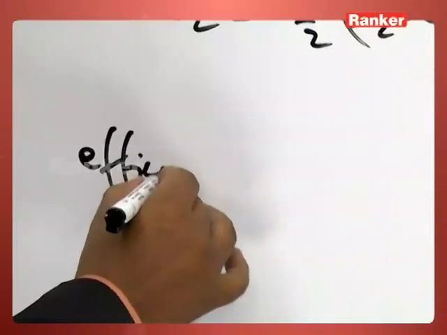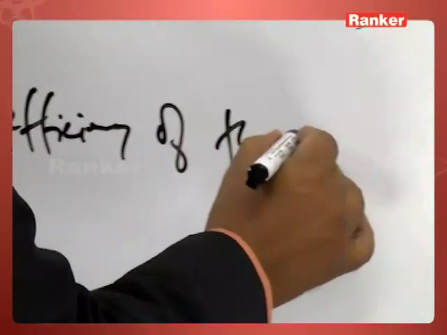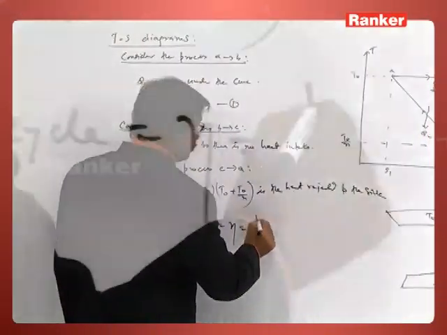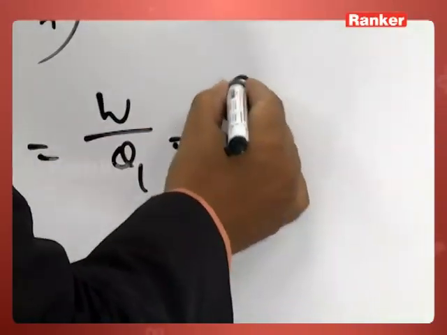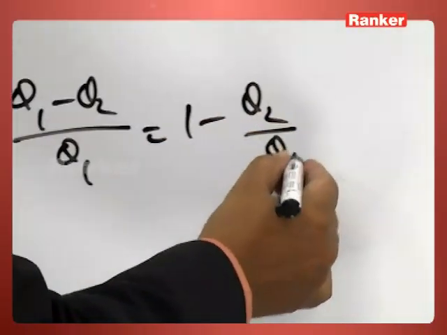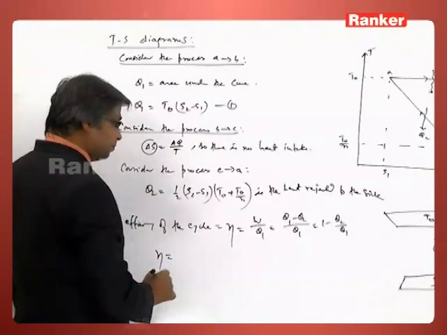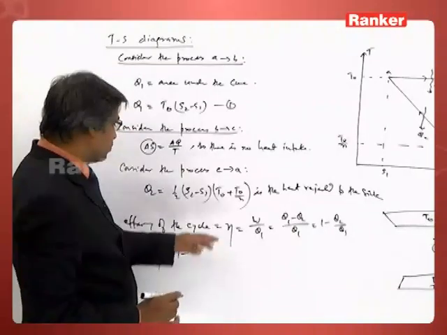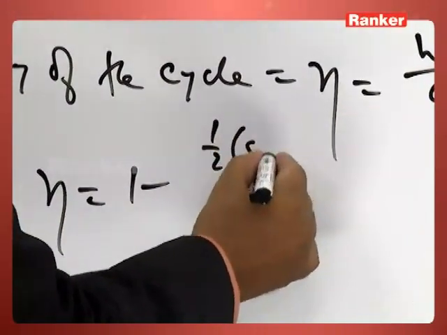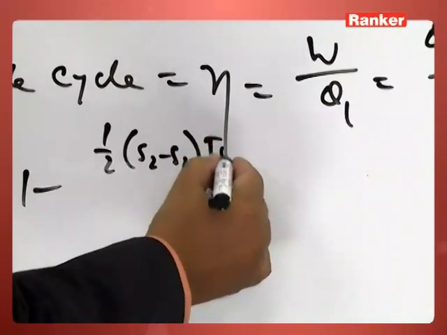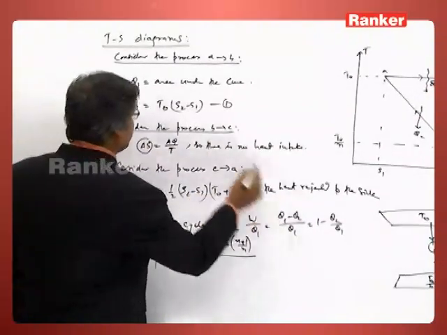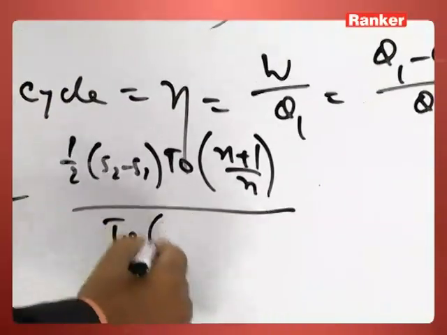So the efficiency of the cycle is equal to work by Q input, that is Q1 minus Q2 by Q1, that is 1 minus Q2 by Q1. So this efficiency is equal to 1 minus half S2 minus S1 into T naught times N plus 1 by N, upon Q1, that is T naught into S2 minus S1.